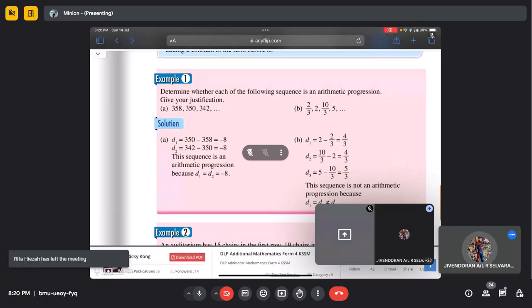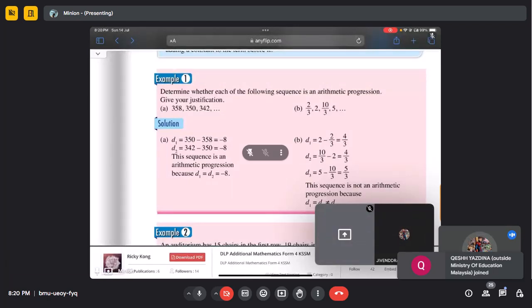For B, they give 2 over 3, 2, 10 over 3, and 5. To determine if it's an arithmetic progression, we take the second term minus the first term. So 2 minus 2 over 3 equals 4 over 3. Then we take the third term minus the second term, so 10 over 3 minus 2 equals 4 over 3.